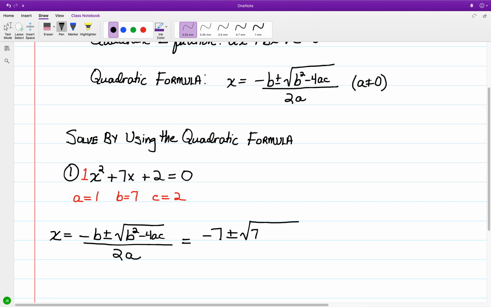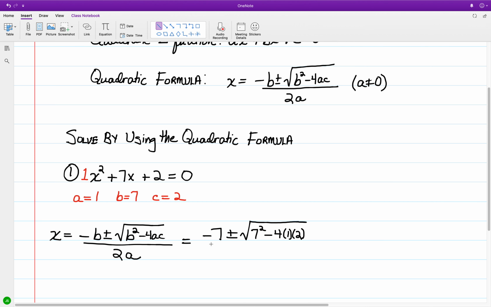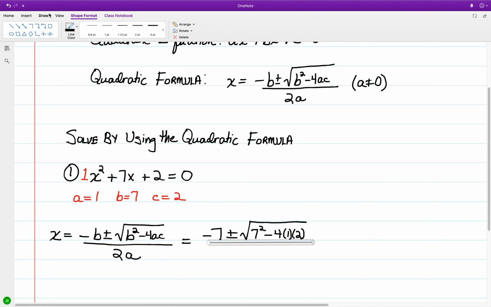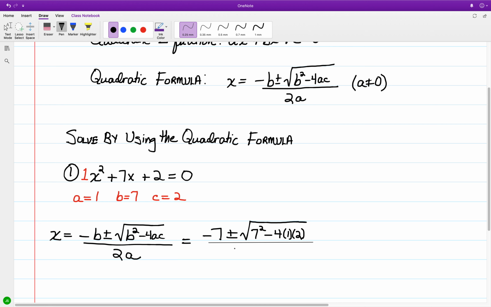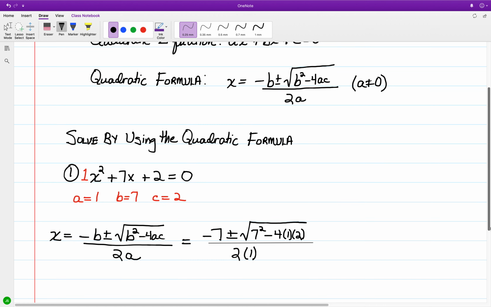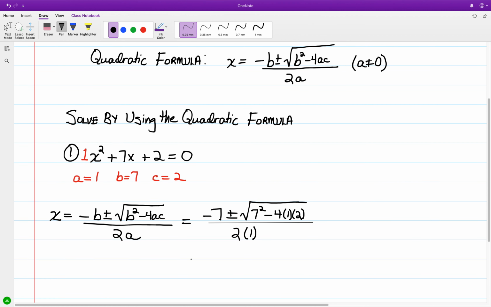B squared is going to be 7 squared, and we have minus 4ac, so minus 4 times 1 times 2. And for the denominator, we have 2 times a, and a is at 1, so we have 2 times 1.